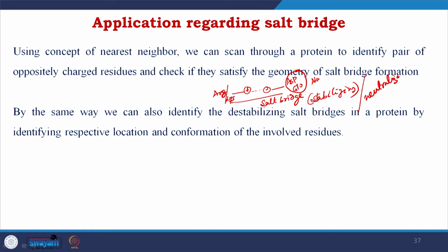Think about it: instead of doing this, if you model the same charge, like an arginine here, let us say, then they will repel each other. So, that is what we call a destabilizing salt bridge.